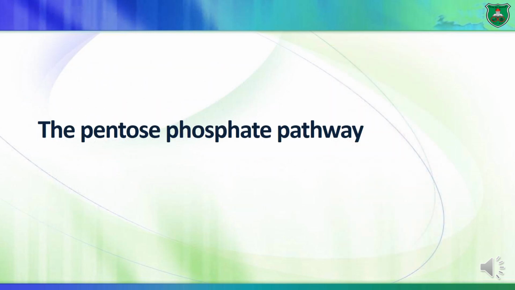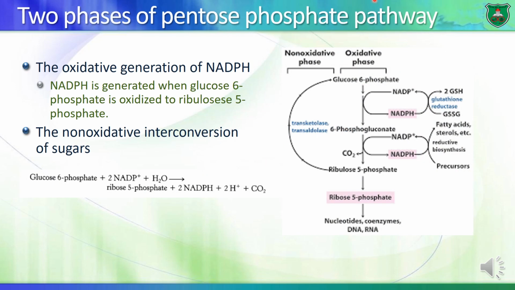So let's talk about the second pathway now, the pentose phosphate pathway. Well, the pentose phosphate pathway is divided into two phases. You have the oxidative phase and you have the non-oxidative phase. The main purpose of the oxidative phase is to convert glucose 6-phosphate to ribulose 5-phosphate.